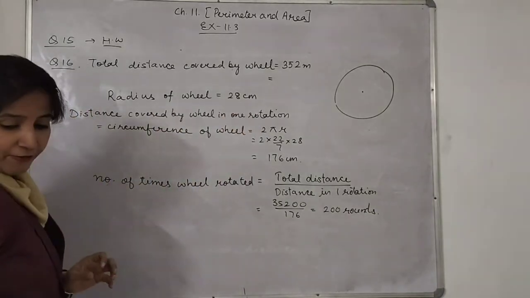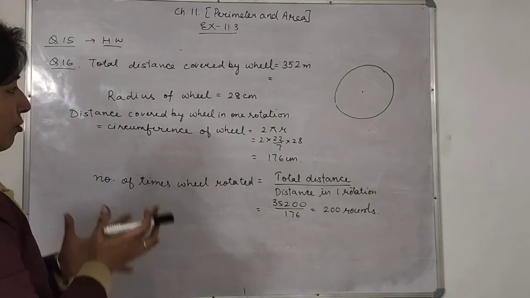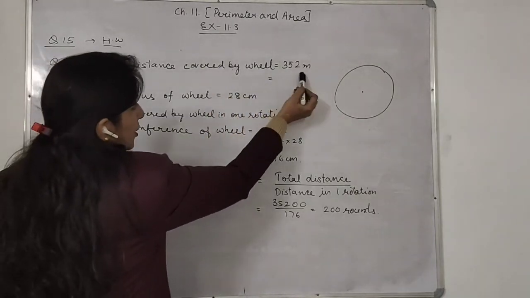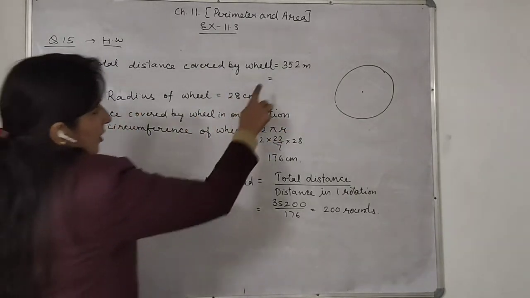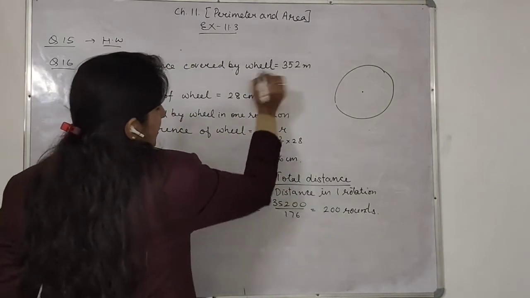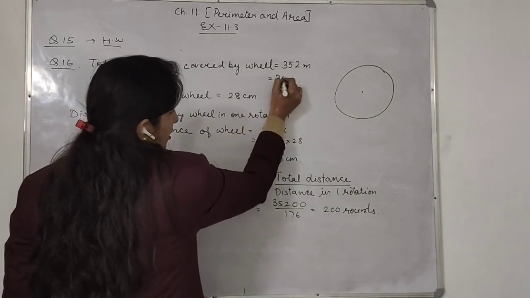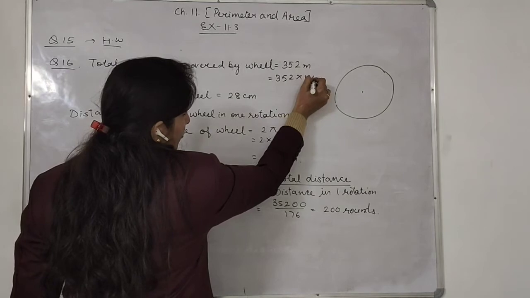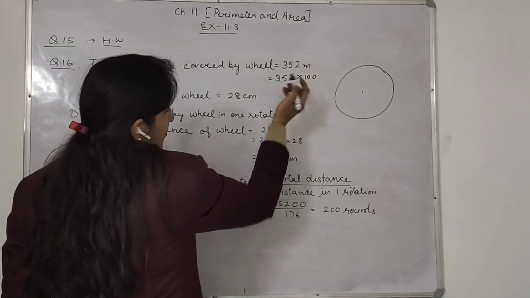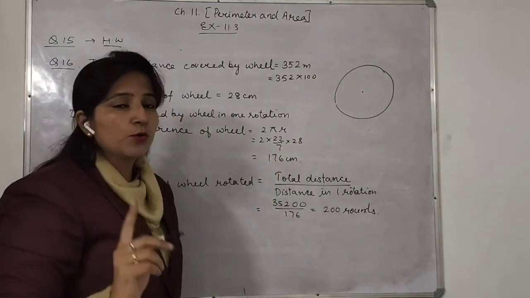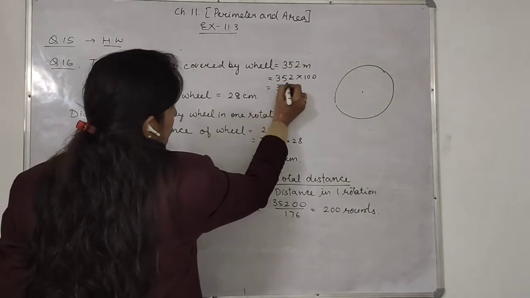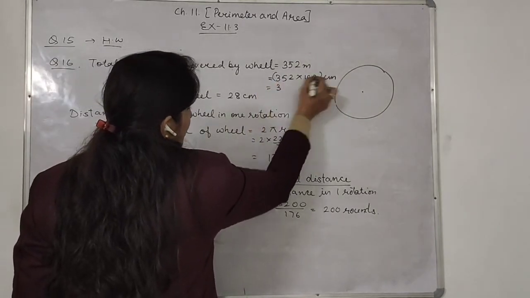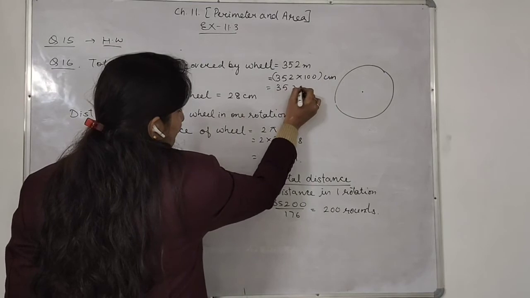So first of all, when we solve the question, the units should be the same. So we are converting 352 meters into centimeters. We need to multiply it by 100 because 1 meter is equal to 100 centimeters. So it becomes this many centimeters after multiplying by 100.